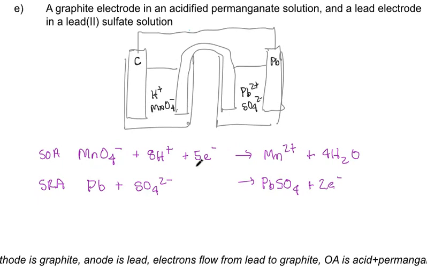This reaction consumes electrons. So we have to have electrons flowing into the acid permanganate side to keep it going. If electrons are flowing in, that means you're gaining electrons, which means you are a reduction. Reduction has the letter C in it, so this must be happening at our cathode.